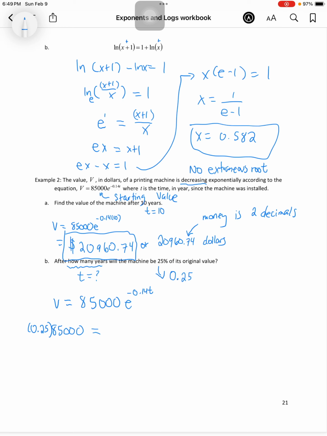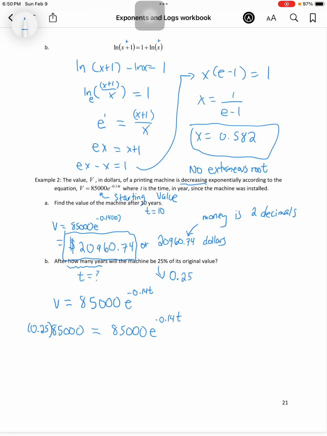So here, do not simplify this yet. You'll see why. So I'm just going to rewrite the right side now. We want to get t by itself. In order to get t by itself, we want to bring it to the front. But there's an 85,000 attached to the e.